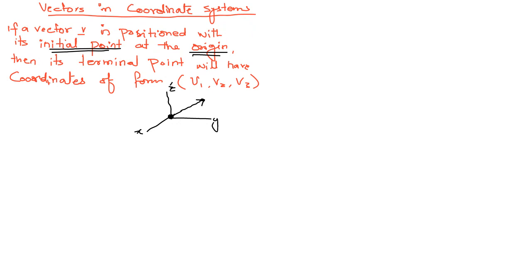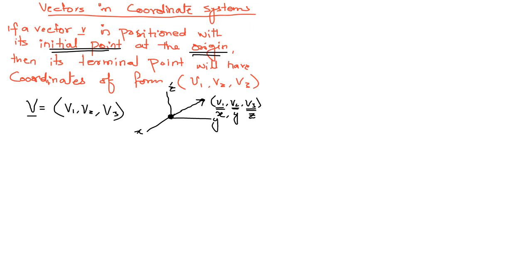For example, this is a v vector, so we denote it with v1, v2, and v3. Basically, v1 is the point on the x-axis, v2 is a point on the y-axis, and v3 is a point on the z-axis.